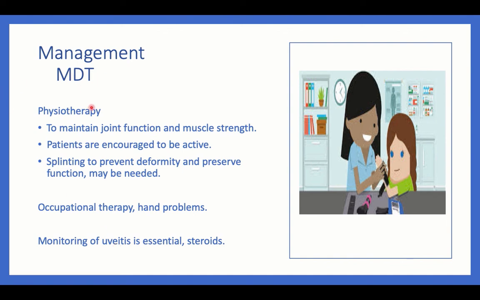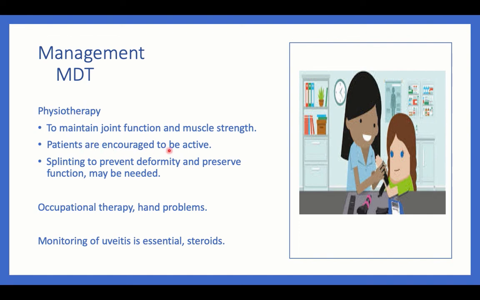So it is multidisciplinary, starting with physiotherapy, aiming to maintain joint function and muscle strength, and to avoid disuse or misuse atrophy, and the loss of function of the joint from the inflammation and the loss of muscle mass, and so on. So physiotherapy is very, very important after subsidence of the inflammatory process.